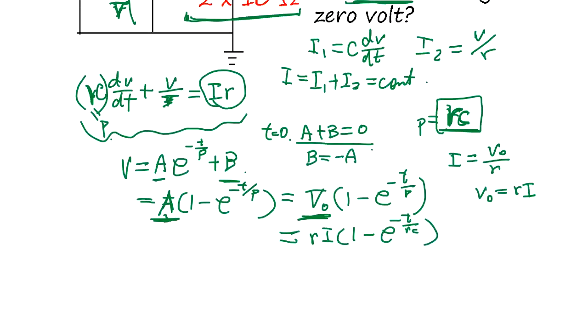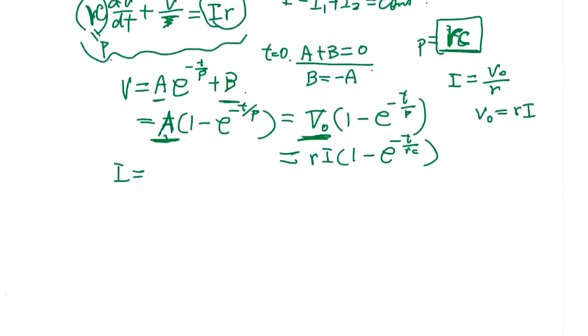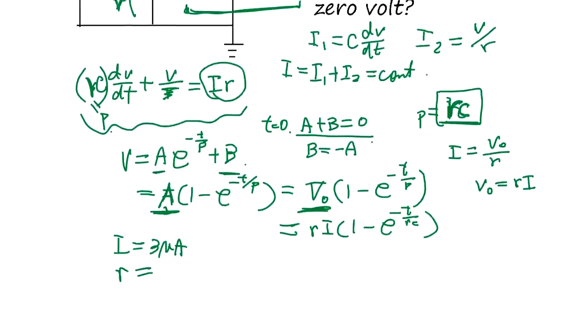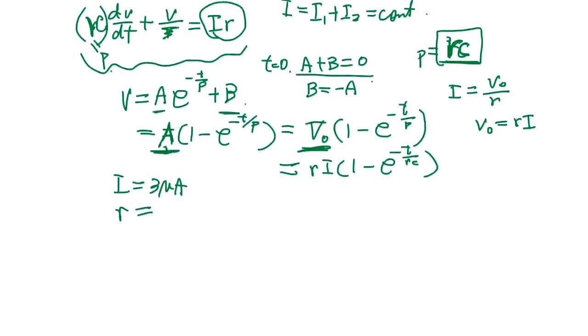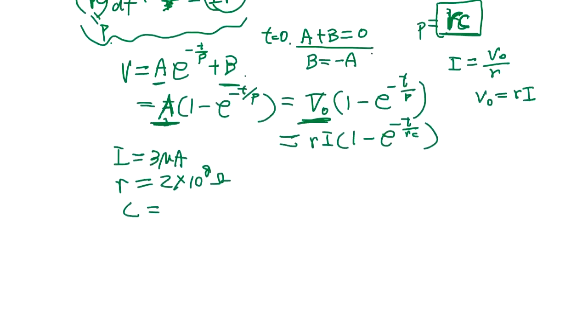Okay, now we got all the parameters. So we have I, which is 3 microamp. R is quite large, 2 times 10 to the 8 ohm. C equals 5 microfarad.